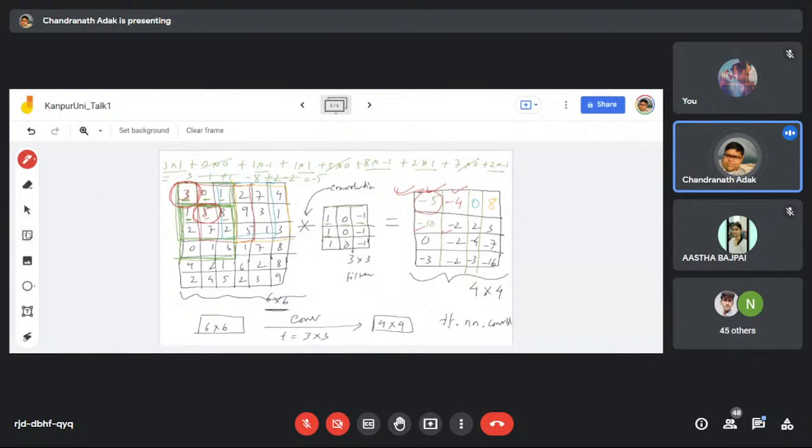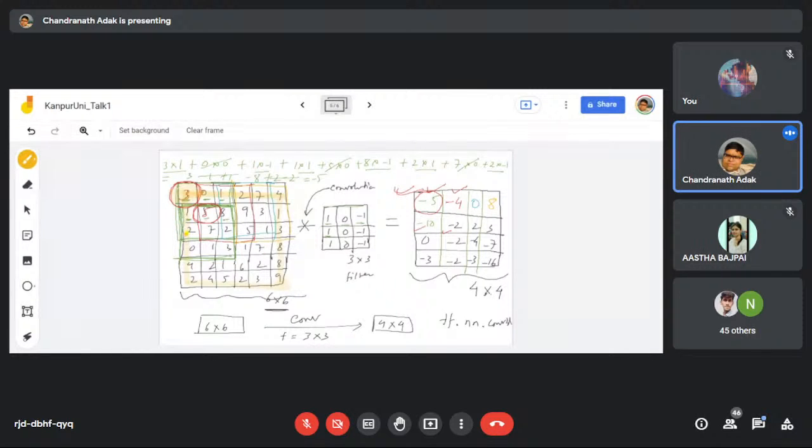So what I am trying to say is, this 3, or you can think of these boundary positions, are used fewer times than the values in the middle or inner positions.